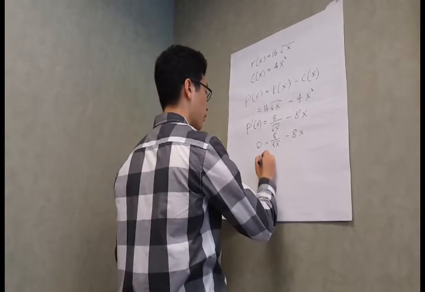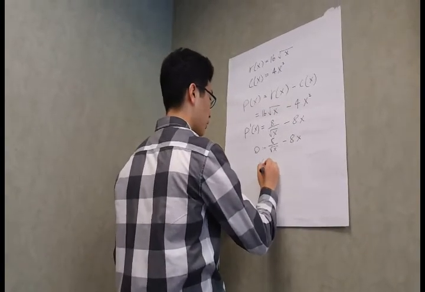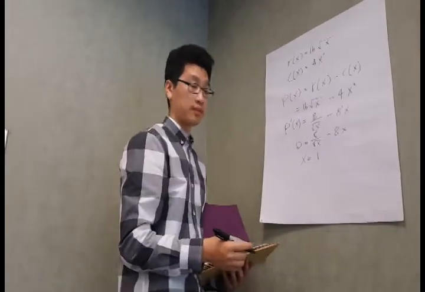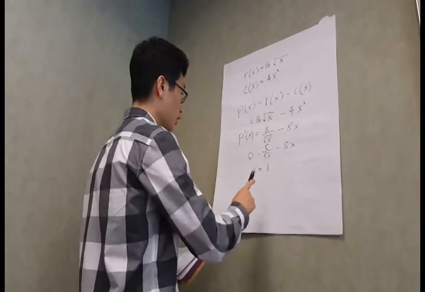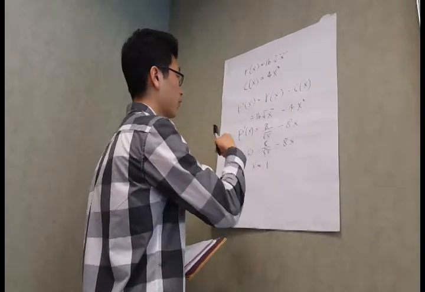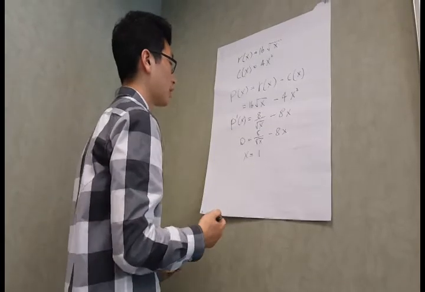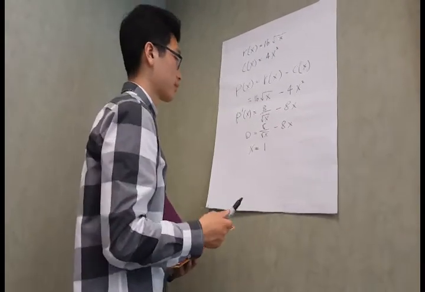From that, we could solve for x, and it was equal to 1, or 1 million units produced. So we determined that in order to achieve maximum profit, we had to produce 1 million bottles and sell them.